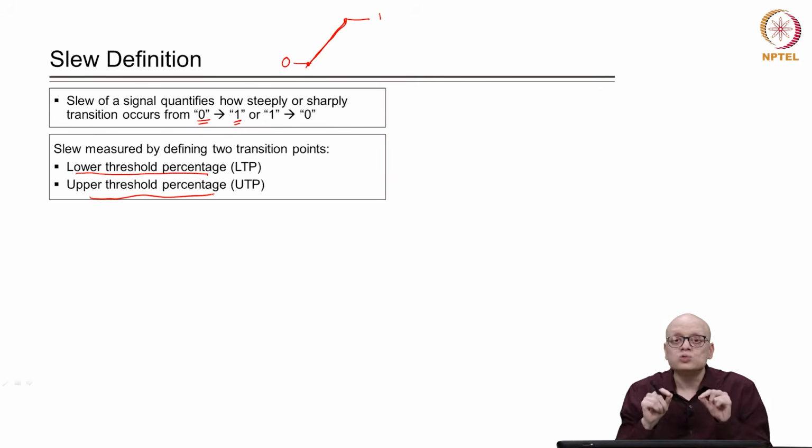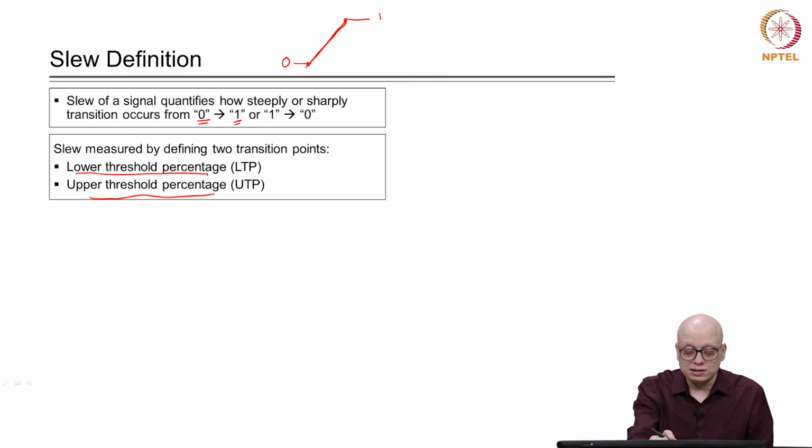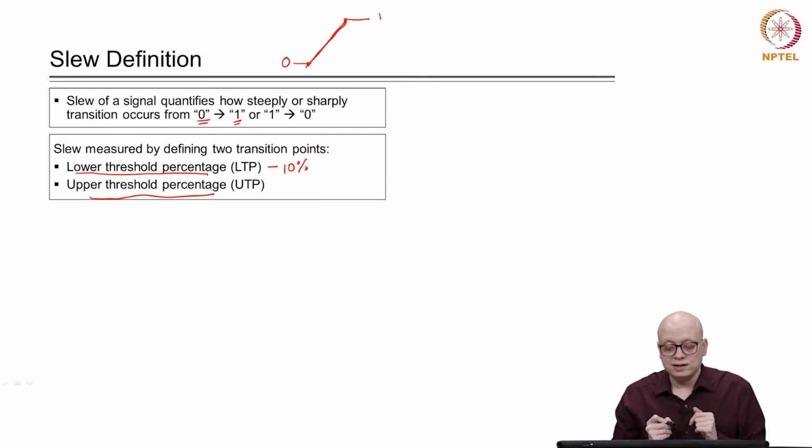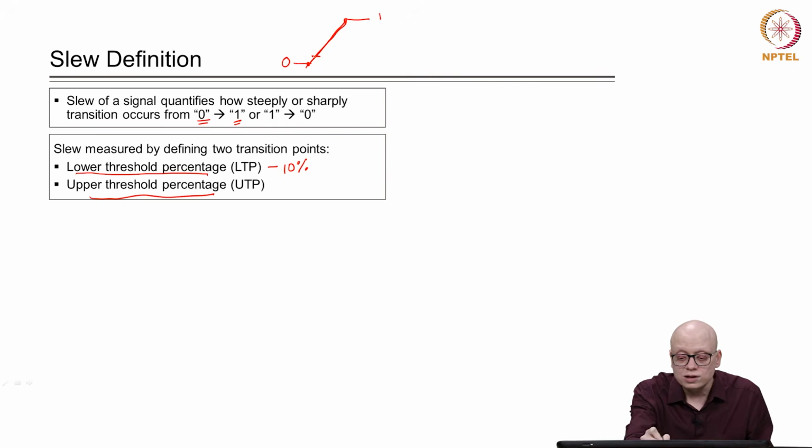For example, during library characterization we can say the lower threshold percentage is, say, 10%, with respect to the VDD of the signal. So, one point is 10% of the VDD, and the upper threshold point can be this point, which can be, say, 90%.